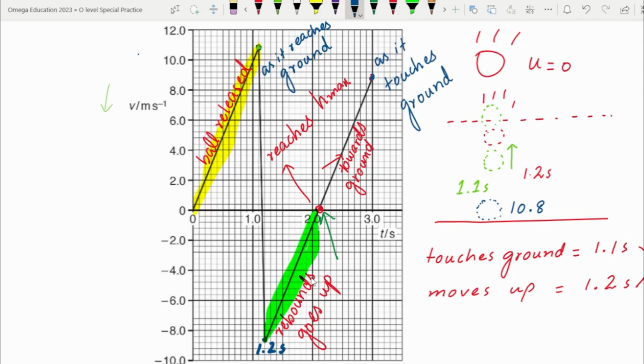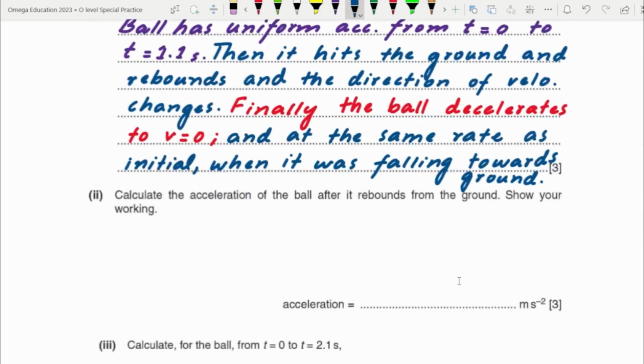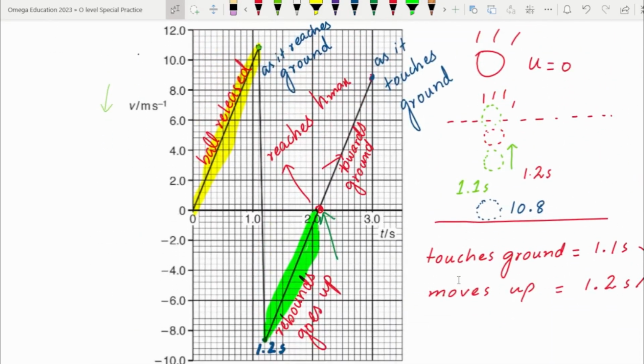So in that case, as it goes upward, the velocity of the ball would slow down. It would decelerate. And at 2.1 second, the ball reaches once again the maximum height after the rebound. And that is the point where the velocity of the ball is reduced to 0.